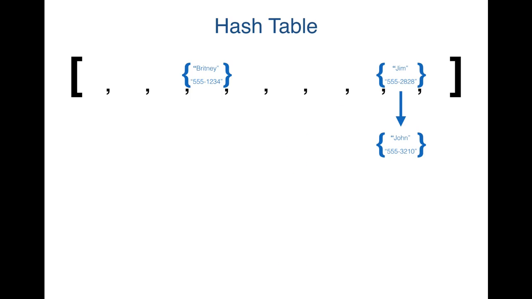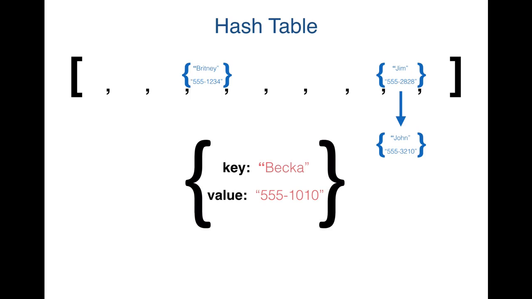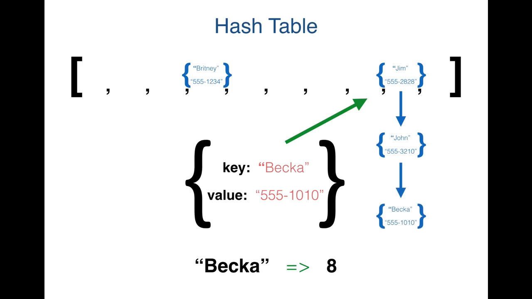If we wanted to insert Becca into our hash table now, and she hashes to bucket 8 as well, we would simply run down our chain and attach her at the end. Now, to retrieve Becca's data out of our table, we would have to hash her key, which is the string Becca, go to the value we get, which would be bucket number 8, and travel through the chain until we find Becca's data.